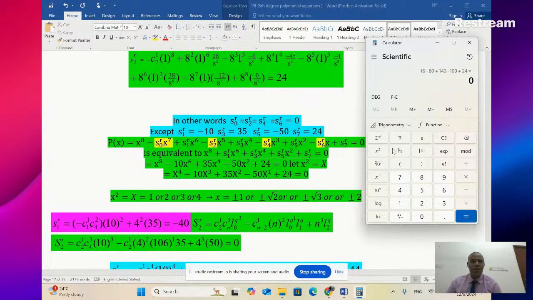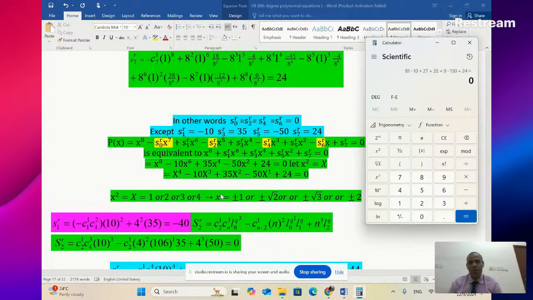Now let's check 3. I will compute 3 raised to the power 4, which is 81, minus 10 multiplied by 27, plus 35 multiplied by 9, then minus 50 multiplied by 3, which is negative 150, plus 24. This one, my kids, has to be equal to 0, which means that 3 is a root.